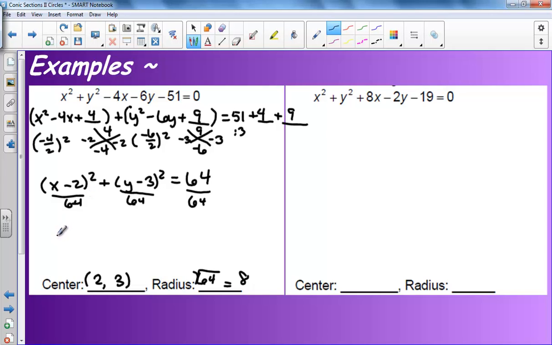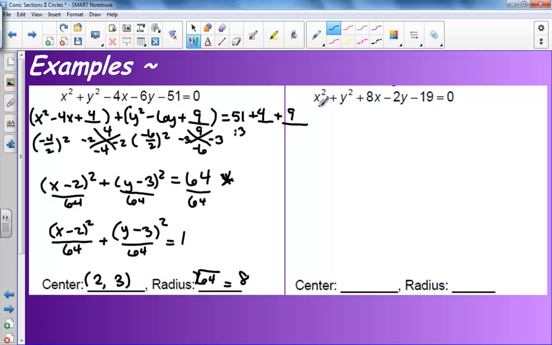And so then I would have (x minus 2) squared over 64, and so this number here would be a squared, so a is 8, plus (y minus 3) squared over 64, so b is also 8, and if a and b are the same, then it's a circle, equal to 1. And so when we start looking at ellipses and hyperbolas and classifying, this is going to come back in there. But for right now, we're going to see it mostly in this form, and for the examples, I'm going to use this form here.